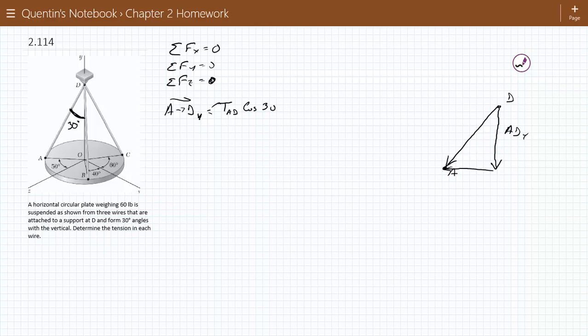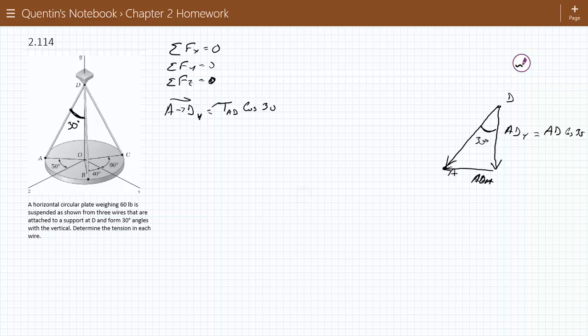Well, this is AD in the horizontal plane. We'll talk about that in a second. Although you can't read my writing, sorry about that. Okay, so this angle is given as 30 degrees. So therefore, AD in the y is simply T AD times cosine of 30, right? So we got that, and that's true for all of them. Since it's 30 degrees, they're all equal.